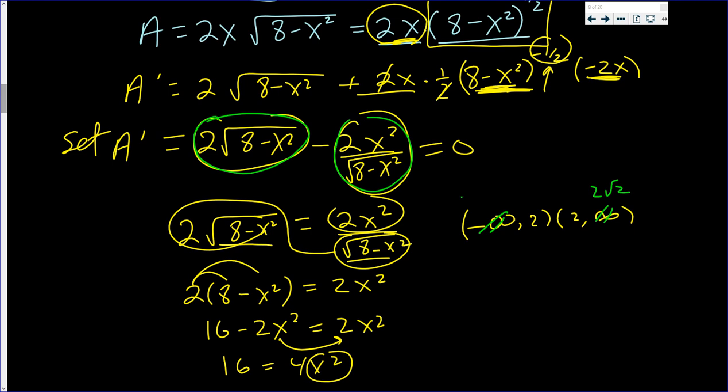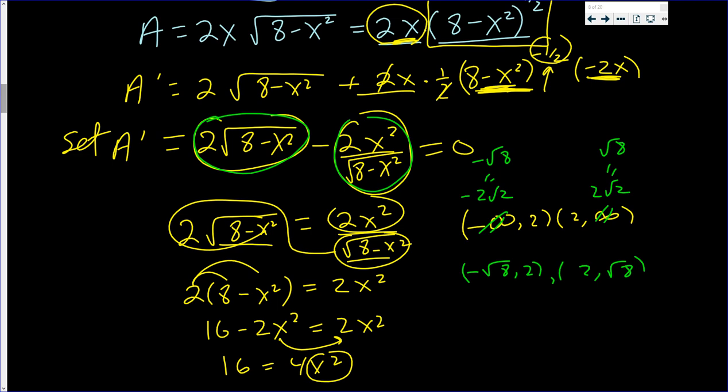We can only really go up to 2 square root of 2's, which, by the way, is the square root of 8. The reason I say that is because we want to square it. So let's write that down. Negative square root of 8 to 2, and then from 2 to the square root of 8.